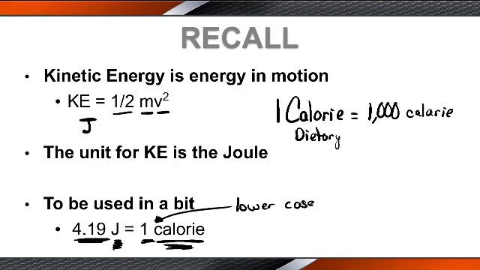So you might be asking yourself, why do we have this capitalized C right here? Well, if you take a look at your average candy bar, it is 300 dietary calories. All right. If we were to look at that in terms of chemistry, in terms of the amount of energy that's stored in those chemical bonds of that candy bar, you're looking at 300,000 lowercase c calories.